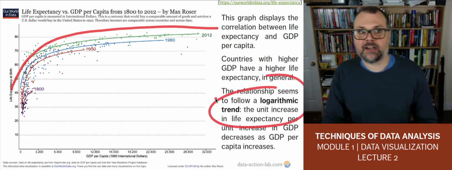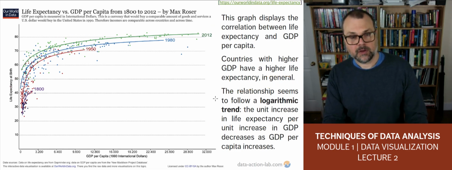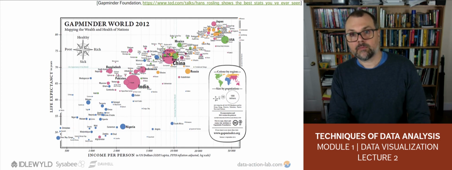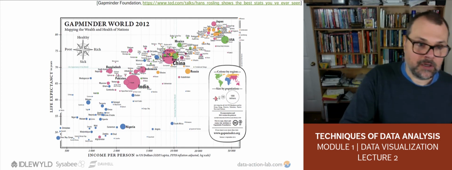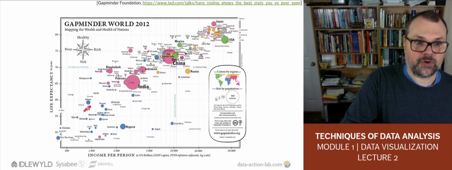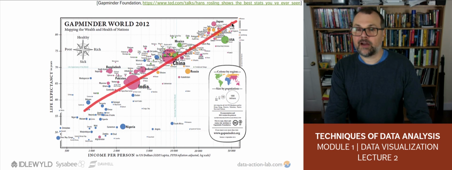But if I didn't tell you it was logarithmic, you might not be able to recognize this as a logarithmic curve. Here, though, if I tell you that there's a, roughly speaking, a straight line fit, well, it's like, okay, we understand that this is a straight line fit. It makes sense. We can parse that. We can read it.